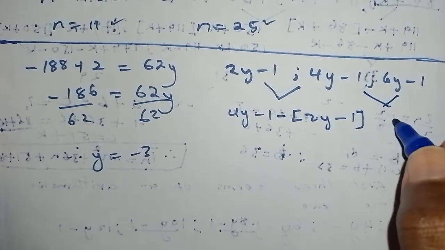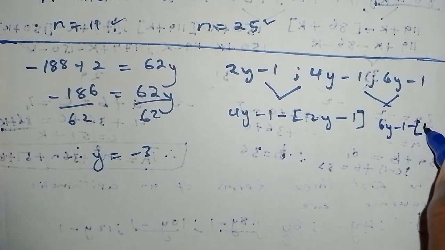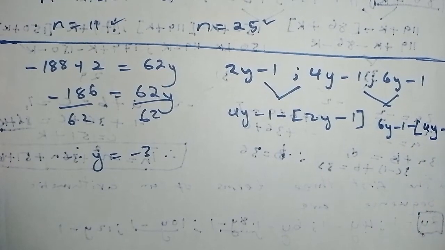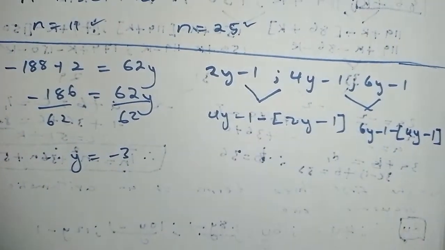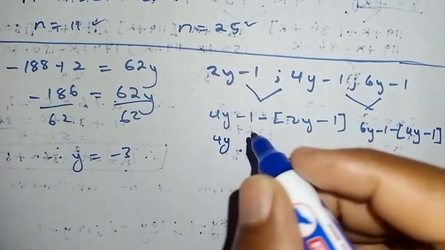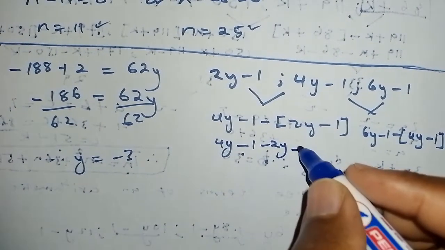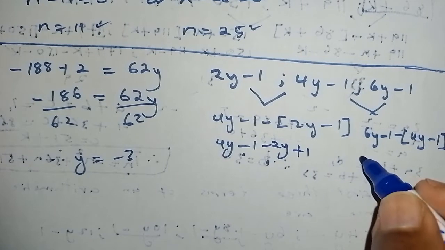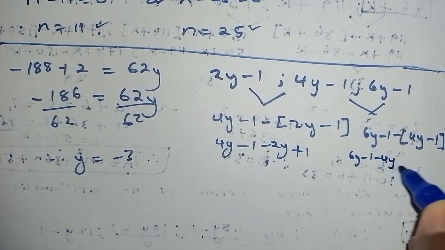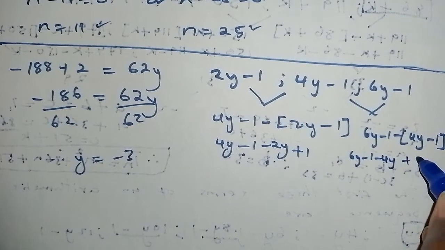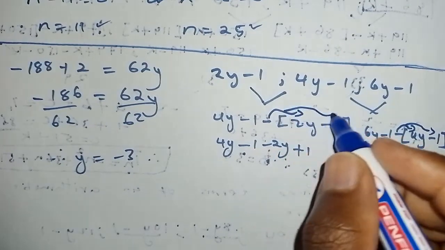Then again, 6y minus 1 minus (4y minus 1). Here it will give me 4y minus 1 minus 2y plus 1. Again here, 6y minus 1 minus 4y plus 1, because this negative will multiply everything inside the bracket.